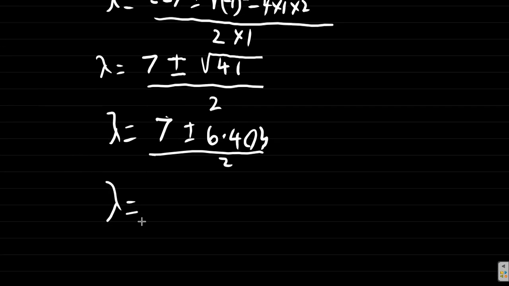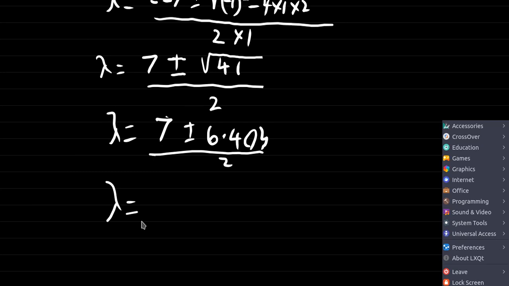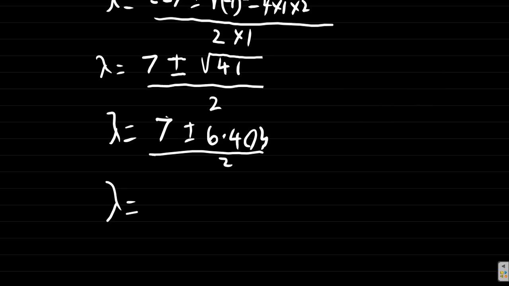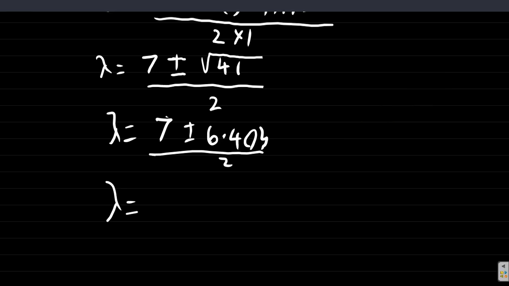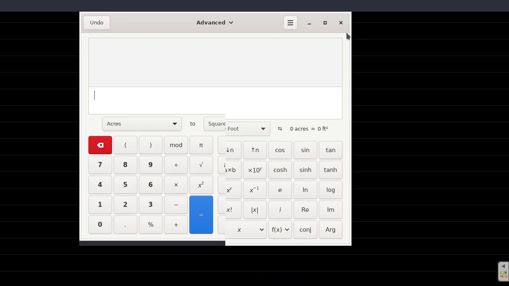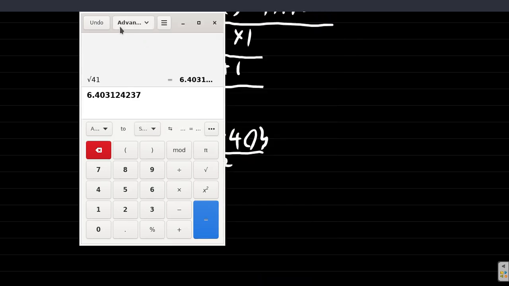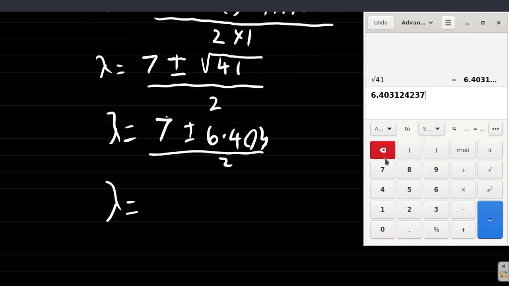So lambda equals, let's get back to our calculator. So I have 7 plus 6.403, over 2, equals 6.702.